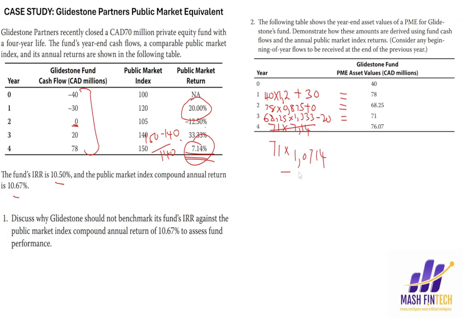And then if you multiply this, you're going to get this, and don't take into account any cash inflow or outflow. You consider this as the final value, and this becomes the terminal value. This is the terminal value for the public market equivalent. That's how you get these values.